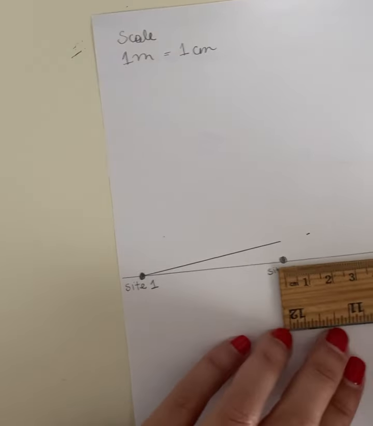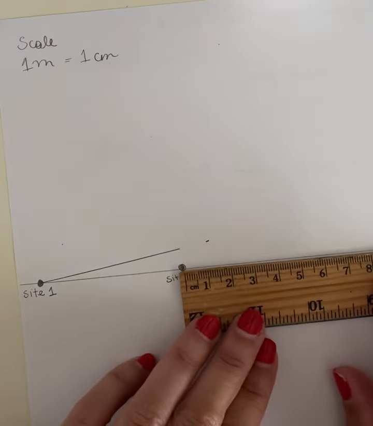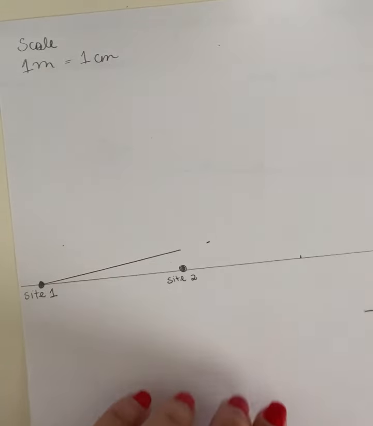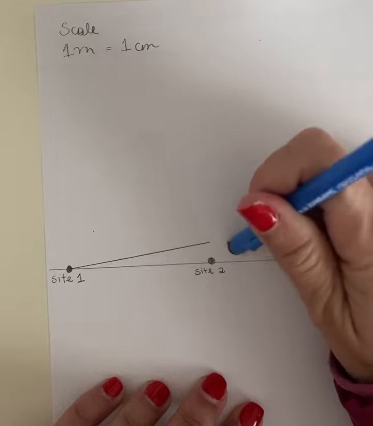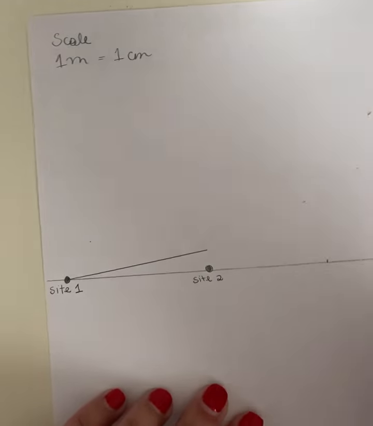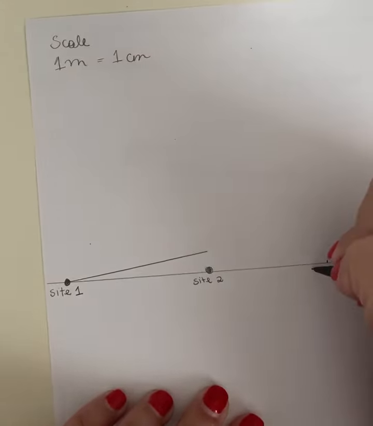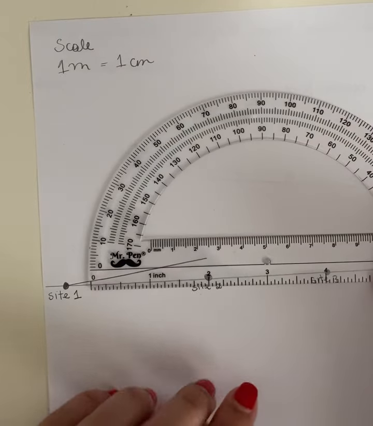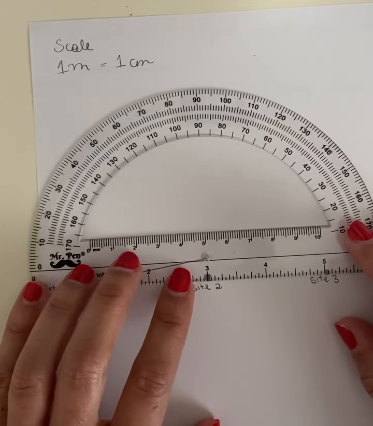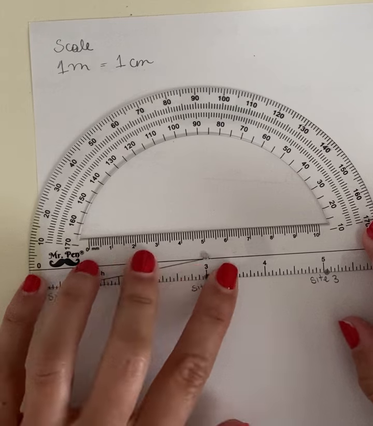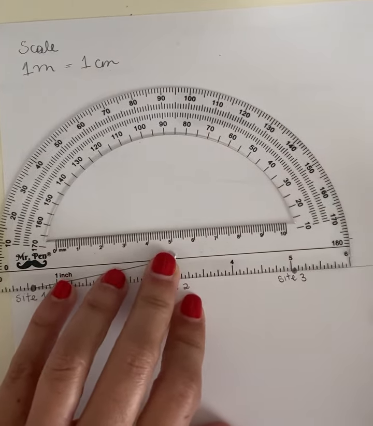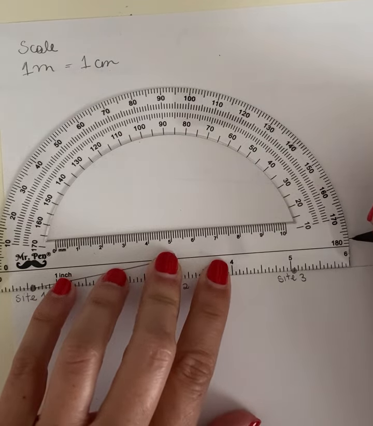Now the distance between side 2 and side 3 was 5 meters and my angle was at 2.0. So 5 meters would be 5 centimeters. So around here. And my angle of 2 degrees, okay, 2 degrees.